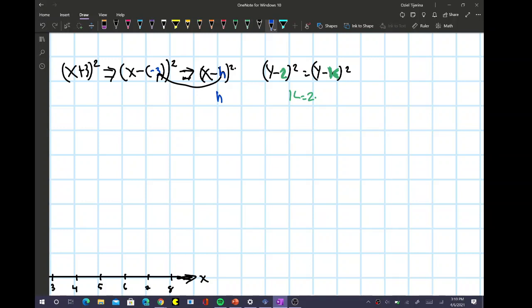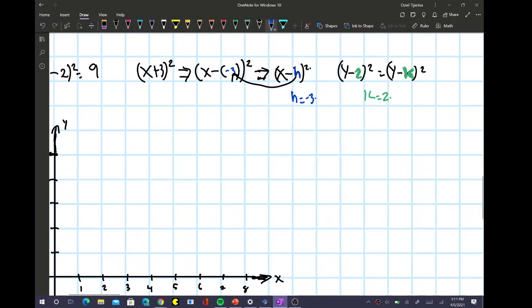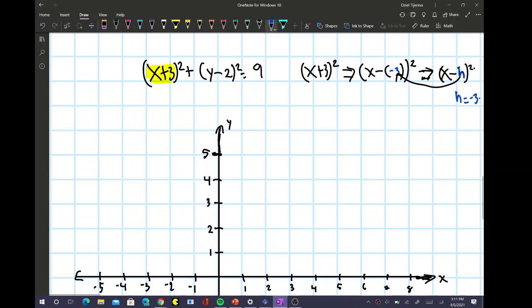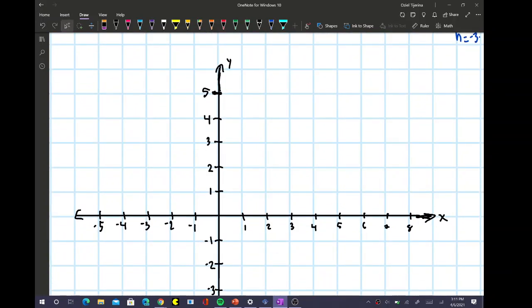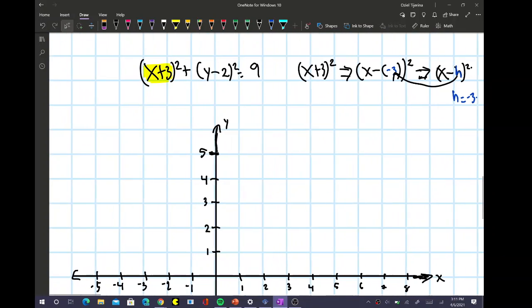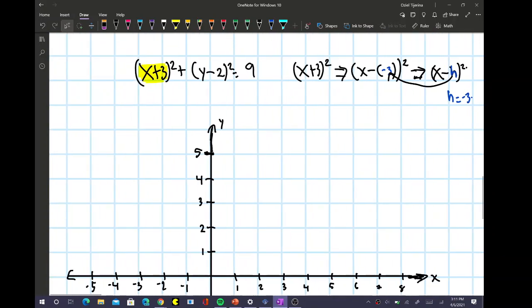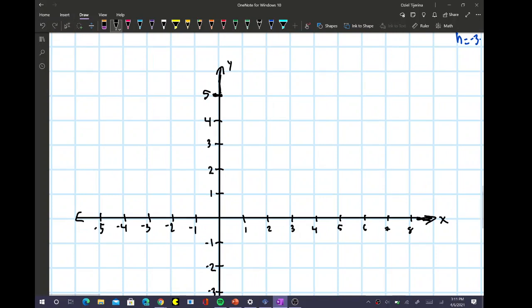And I can color code this, h equals negative 3. So then you want to plot those 2 points. So you have (negative 3, 2), right? So right here.